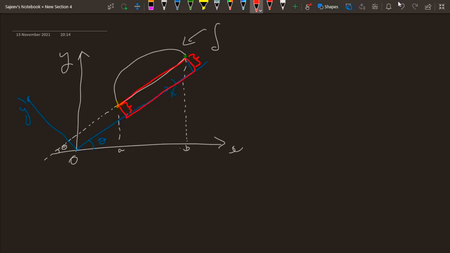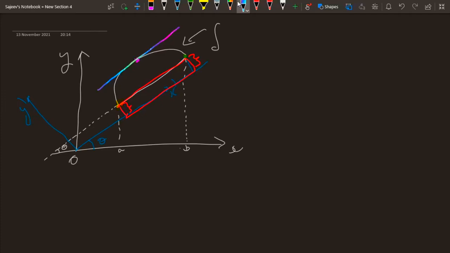Which means now we can apply Rolle's theorem and find a point c such that the slope is 0 with respect to the new coordinate axes.